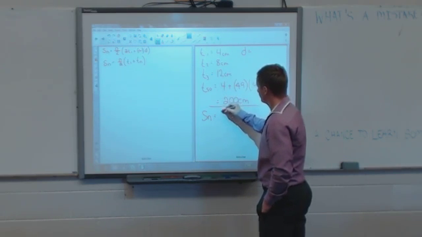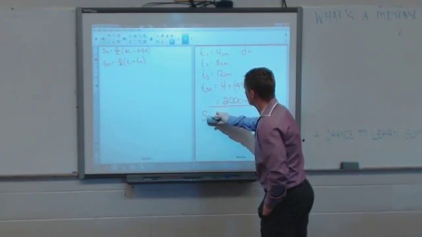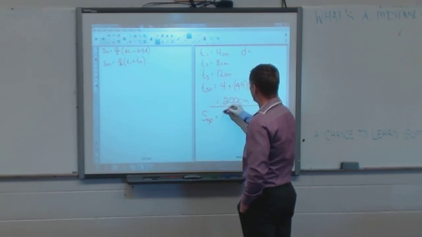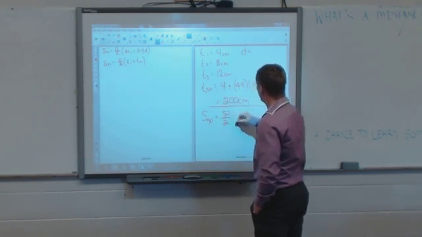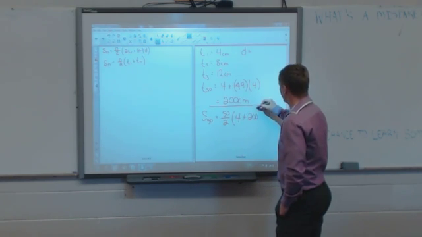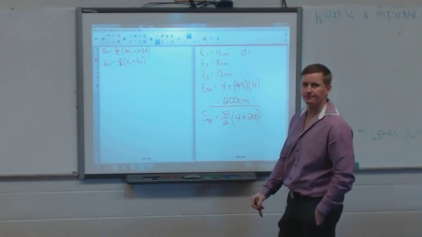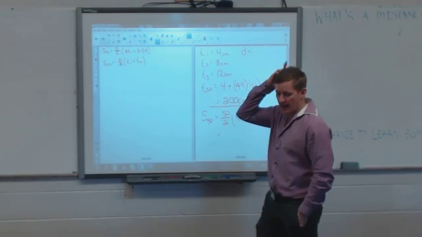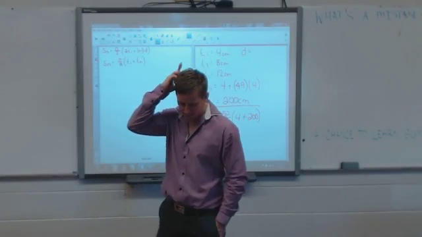So I want the sum of the first 50. So I'll put that there. Sum of first 50 is 50 divided by 2 times 4 plus 200. Okay? Because I know the t to the n, I can calculate it that way.